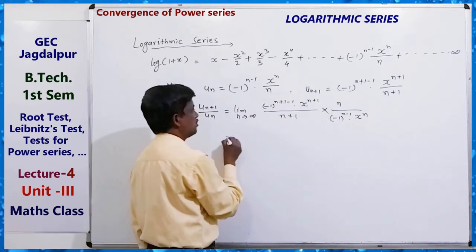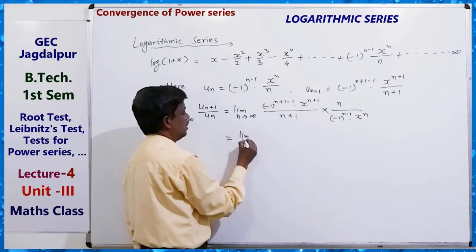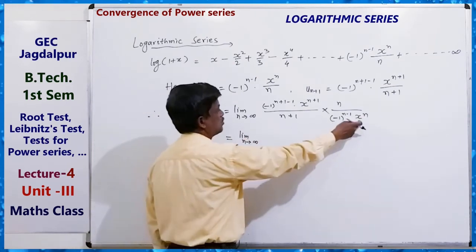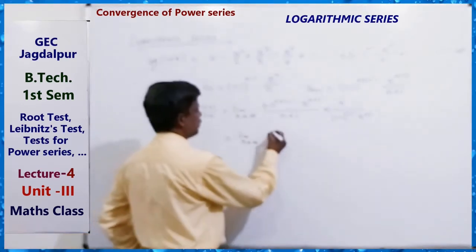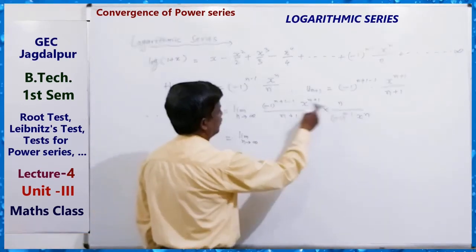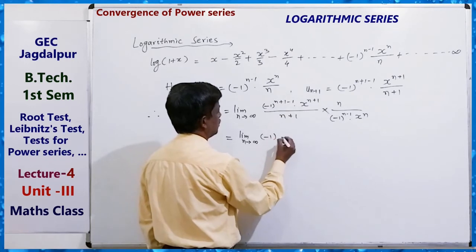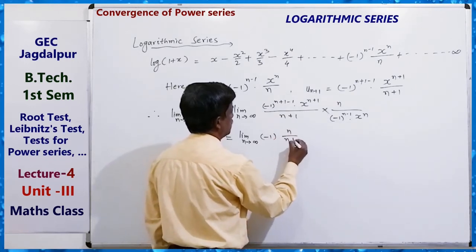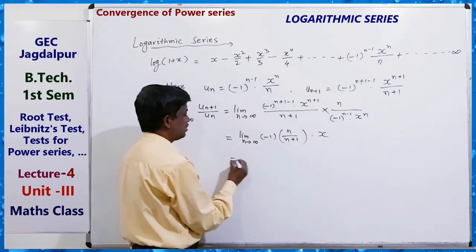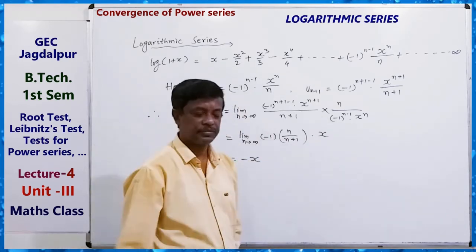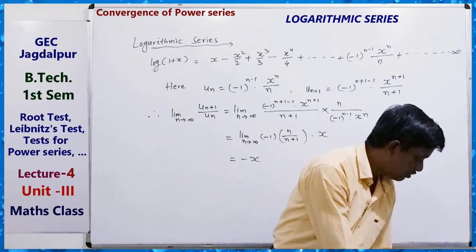So it can be solved. Limit n tending to infinity, x to the power n cancels, x n upon n plus 1 into x. So this equals minus x.